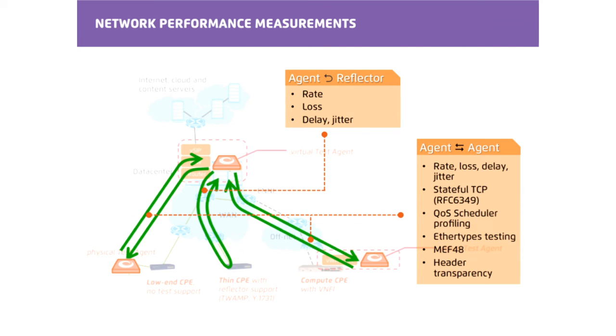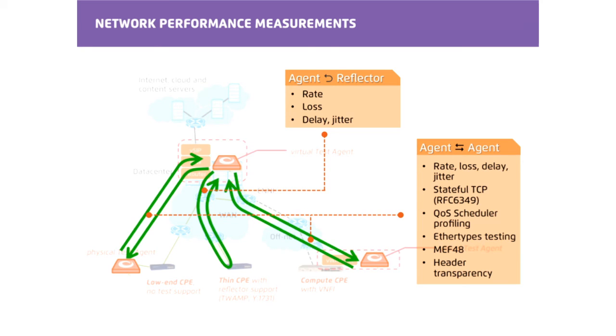And in the left and in the right spokes here, we send traffic agent to agent. And according to the table in the previous slide, we get even more metrics. First of all, the rate, loss, delay, jitter, but also the more comprehensive tests in terms of stateful TCP and more advanced QoS tests.